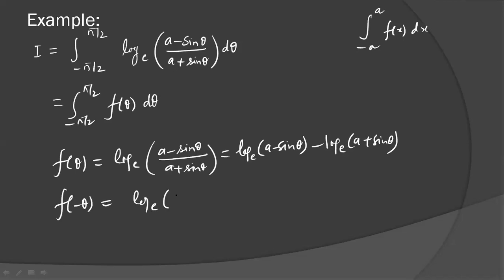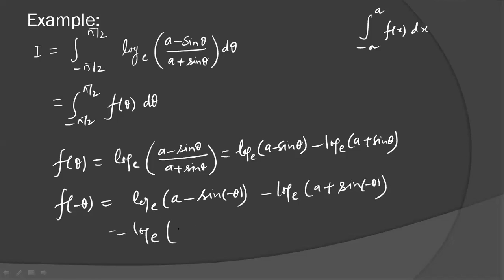It will be log (a minus sine of minus theta) minus log (a plus sine of minus theta). We know that sine minus theta is minus sine theta, so it will be log (a plus sine theta) minus log (a minus sine theta), which is nothing else but minus of f theta. It means the function is odd.